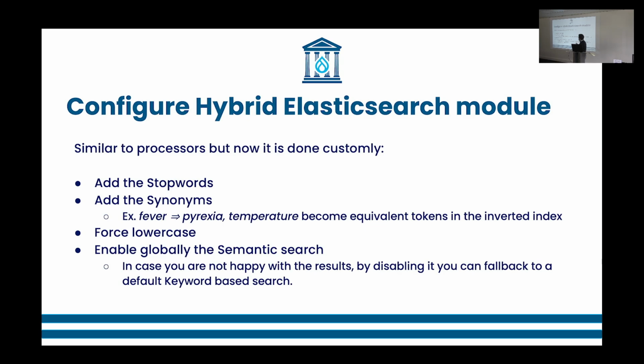So we add the stop words, we add the synonyms. Synonyms would be similar to the stemmer that we said before. So fever will be similar to temperature, pyrexia. And these tokens will become equivalent. Then we force lowercase. And another thing that we are adding in this custom module is the globally semantic search.